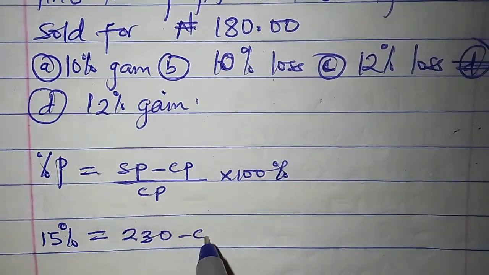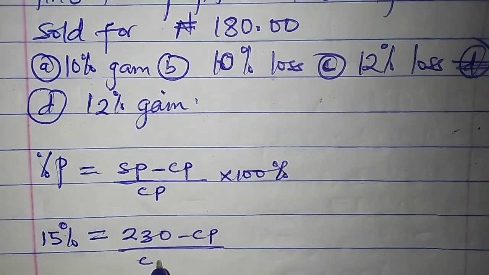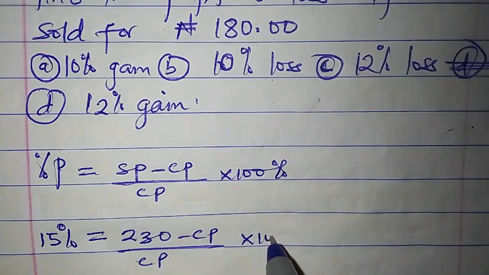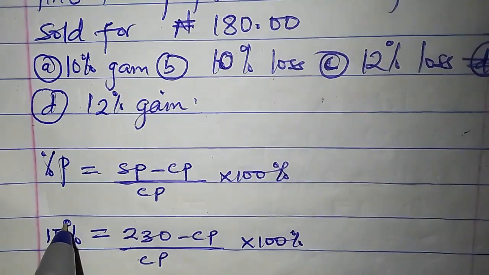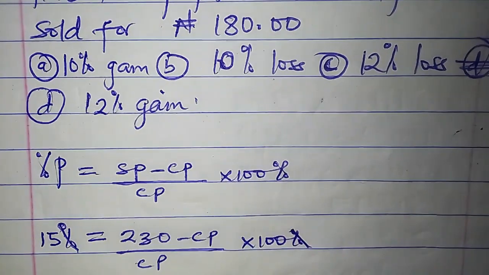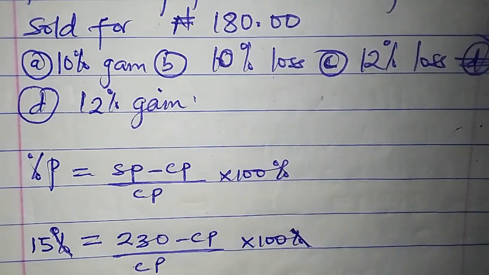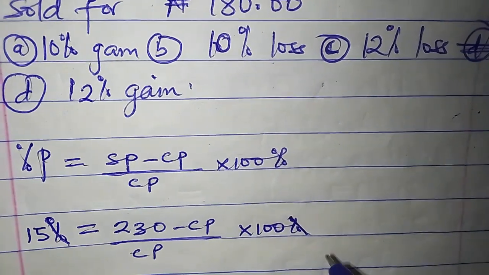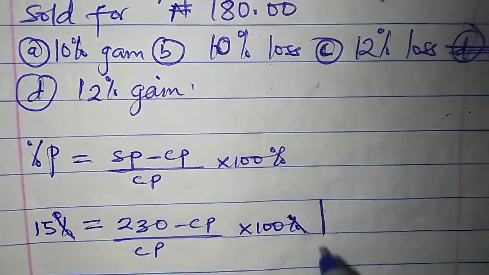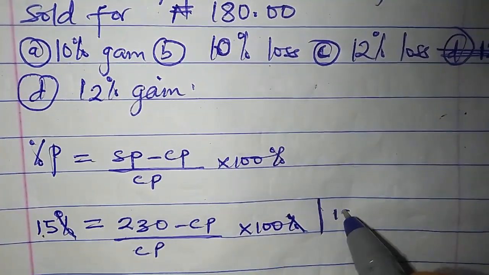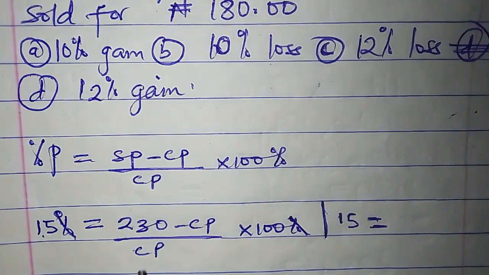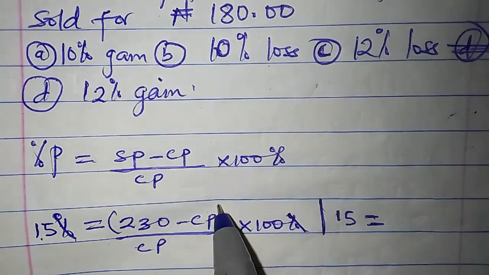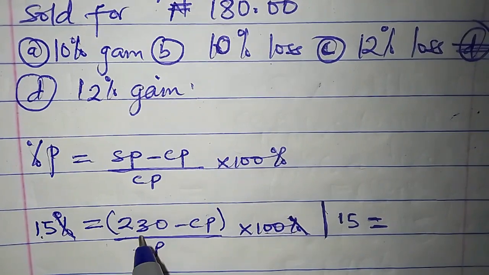We are looking for the cost price times 100%. The percents we cancel. So what we have now is this. Let me break it here. 15 is equal to, the 230 minus CP will multiply 100.